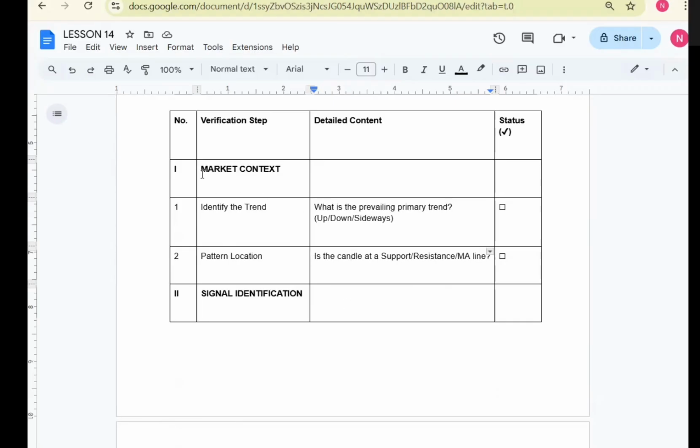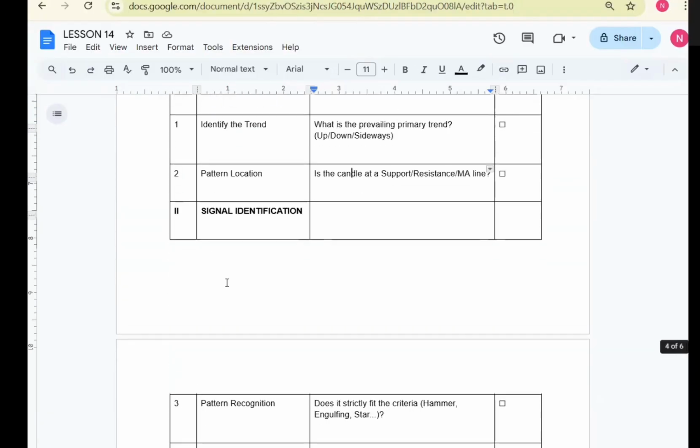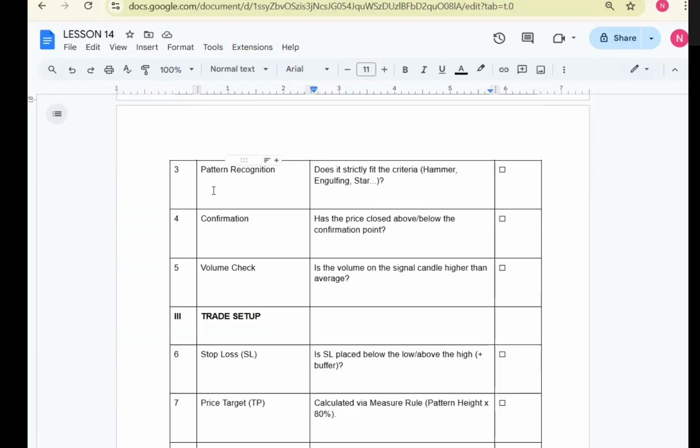All right. So remember the two questions relating to the market context. Okay, and the next part of the checklist is the signal identification. There are three questions, you can read here.